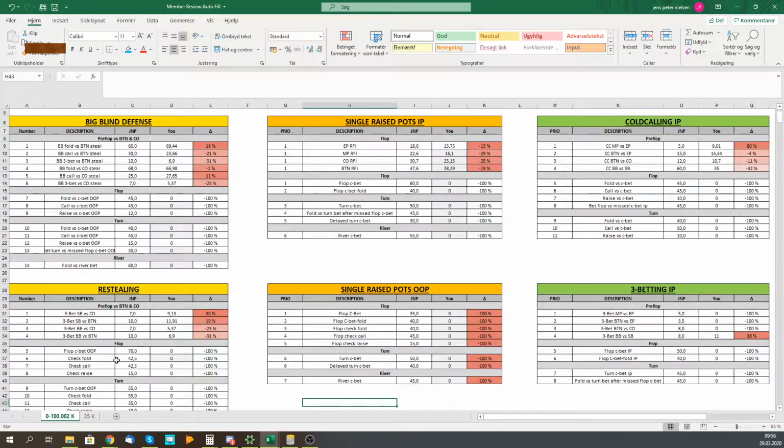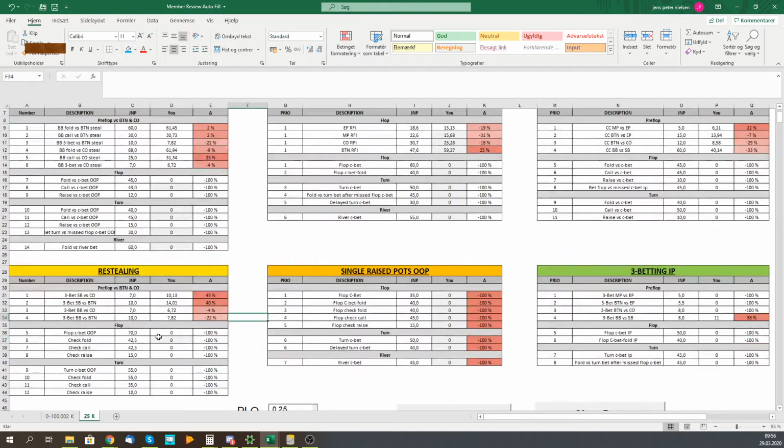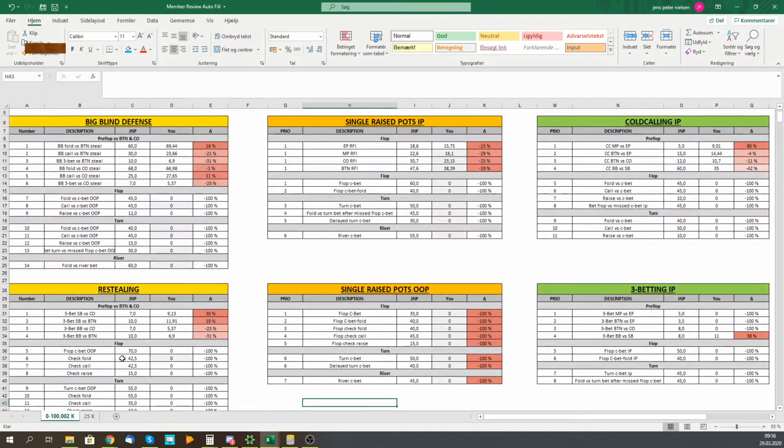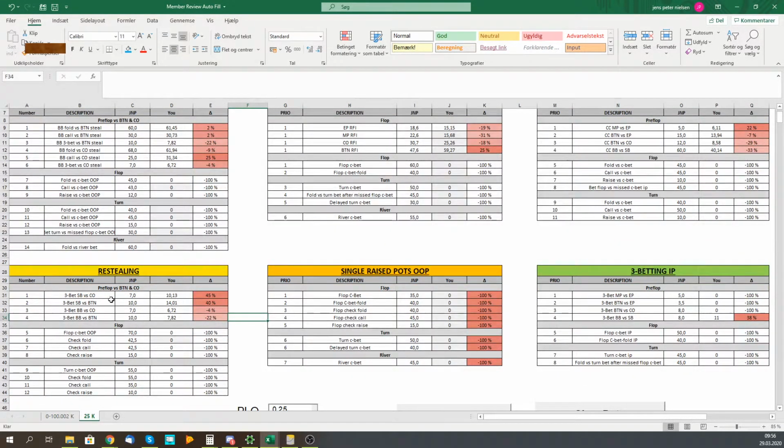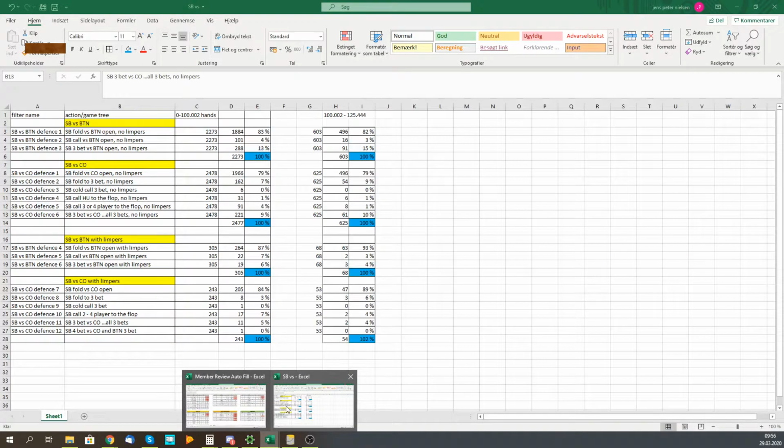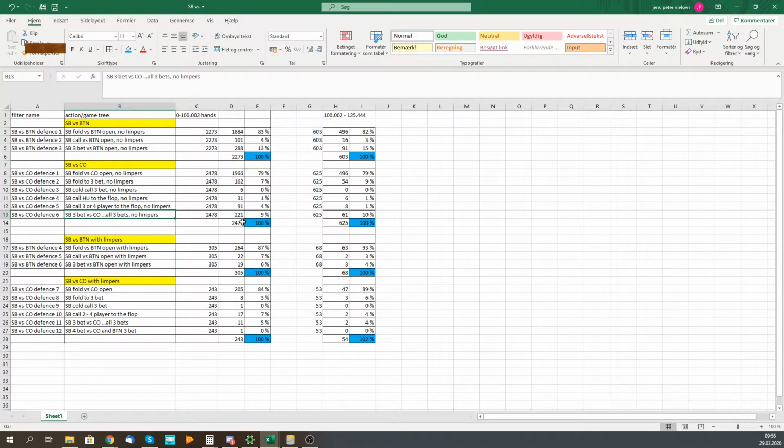In the last 25,000 hands, I'm about the same, even higher in the small blind versus the cutoff, and also even higher versus the button. So I'm going overboard here.